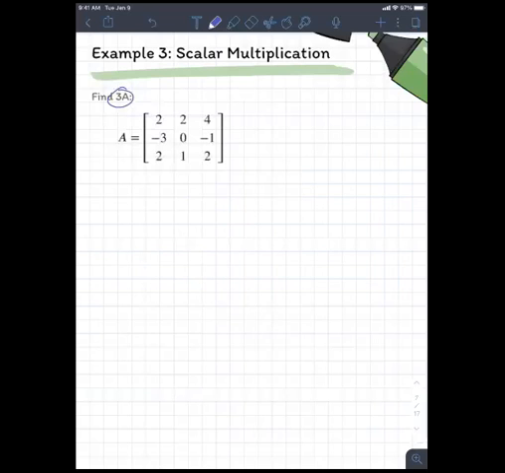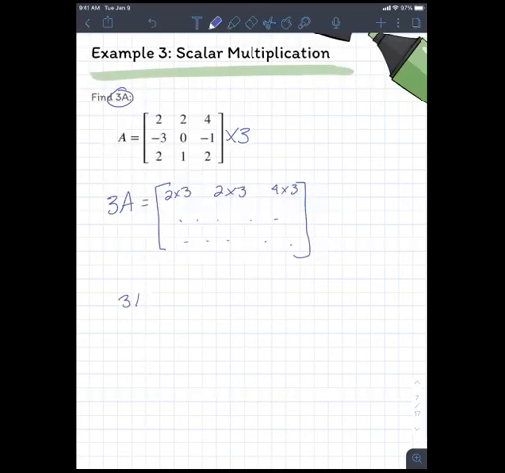All right, so 3A means we're multiplying all of these by 3. We're multiplying every single number in that first matrix by 3. So 2 times 3, 2 times 3, 4 times 3, and so on. I'm not going to write all of those out because I think you'll understand the idea of multiplying by 3.